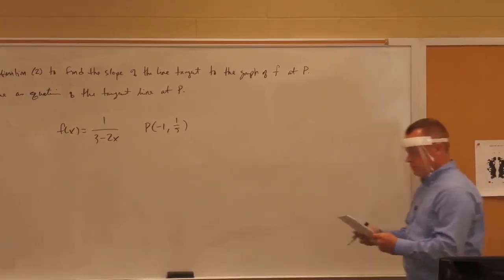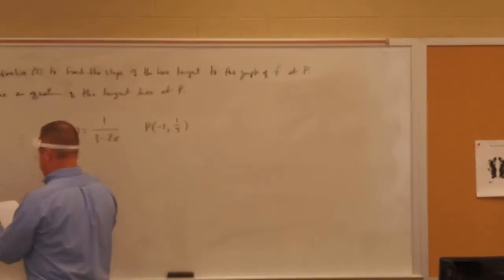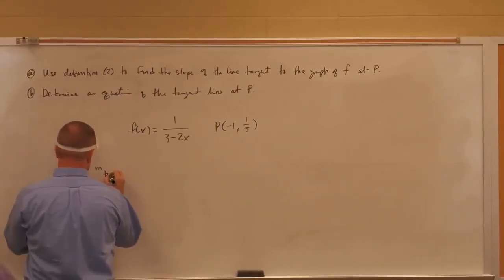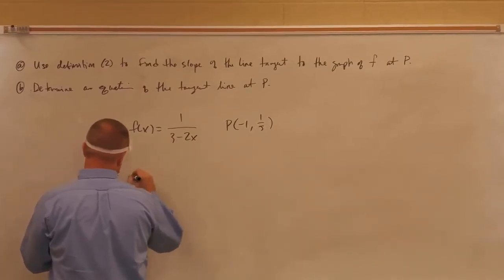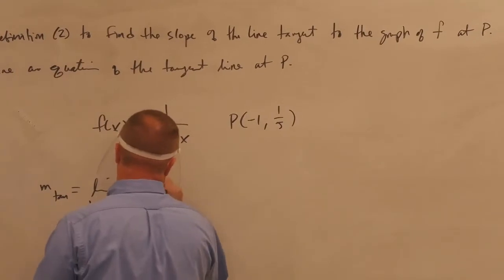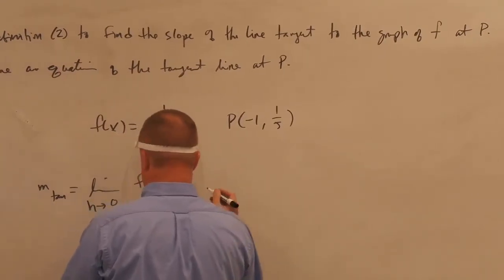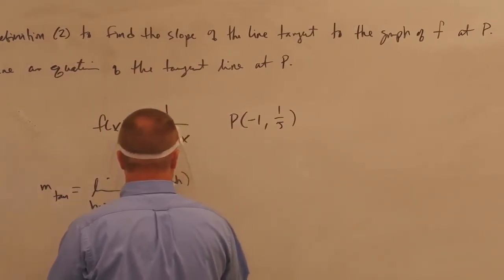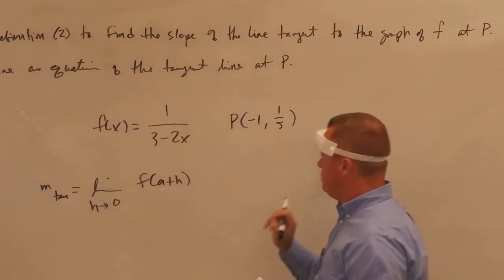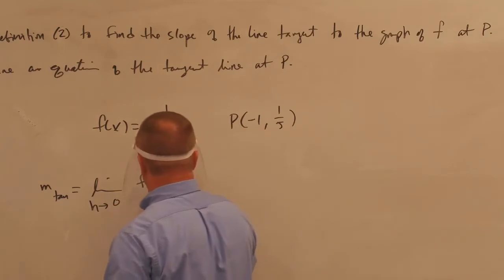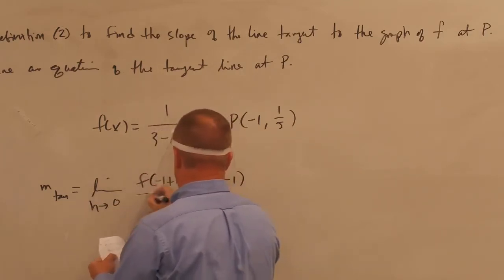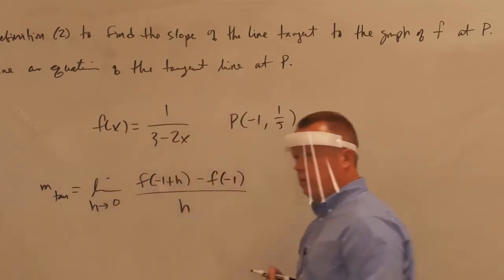So the slope of the tangent line is the limit as h approaches 0 of f of a plus h. Let's plug in what a is. What is a again on this one? Negative 1. So we'll say f of negative 1 plus h minus f of negative 1 divided by h. That's really what we're doing on this one.